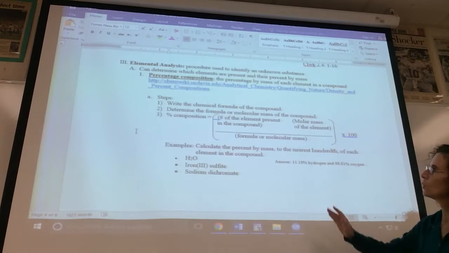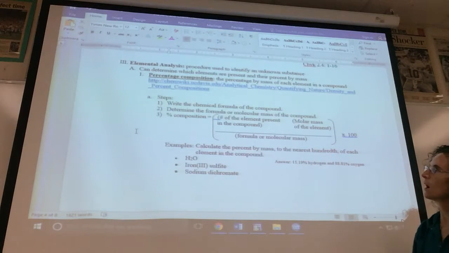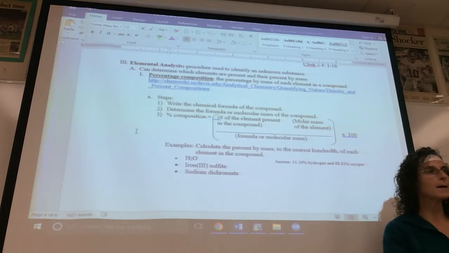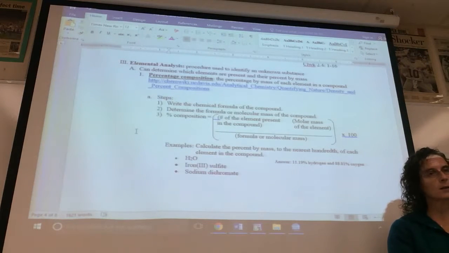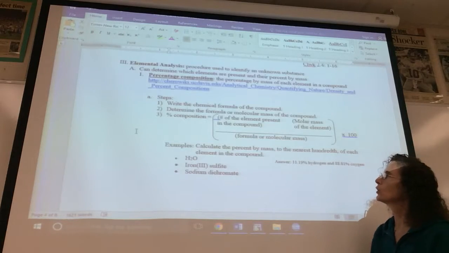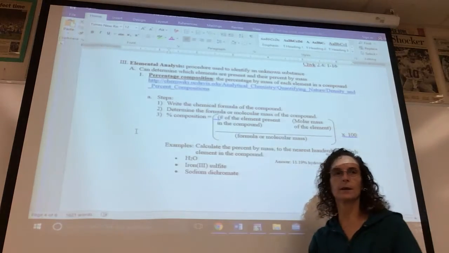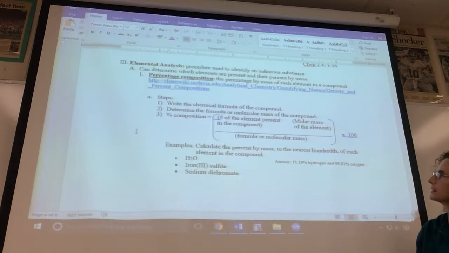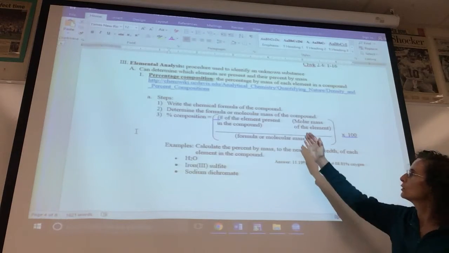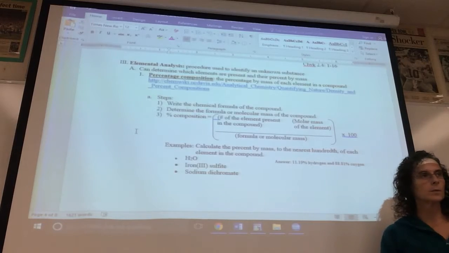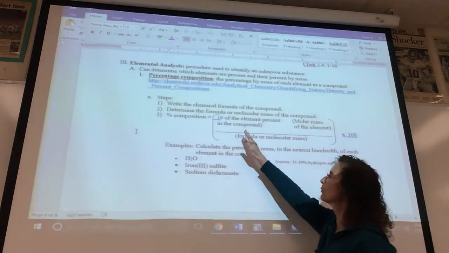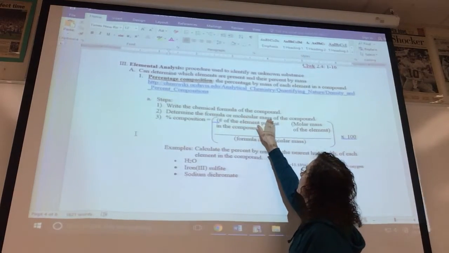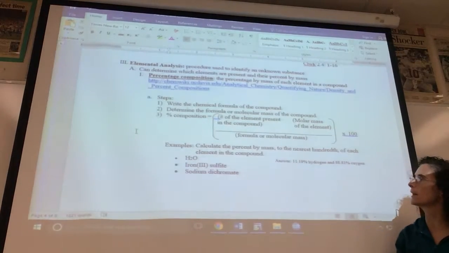Exactly the same. When you're trying to determine percent composition, that is the percent by mass of each element in the compound, you first write the chemical formula. Again, you're masters at writing chemical formulas. That should be very easy for you. You'll need to determine the formula or molecular mass of the compound, formula mass for an ionic one, molecular mass for a covalent one.